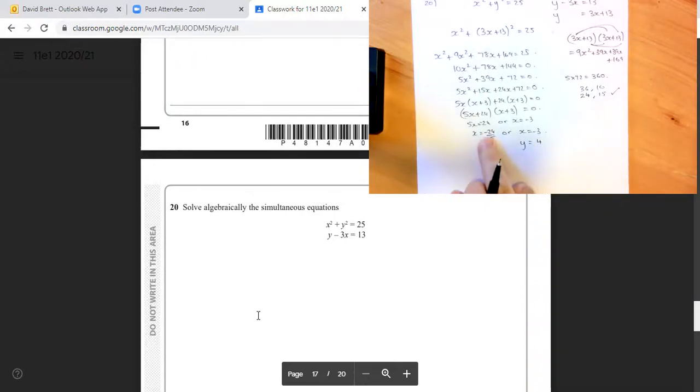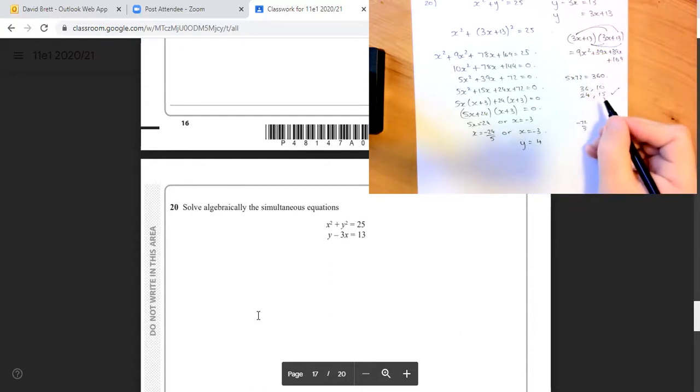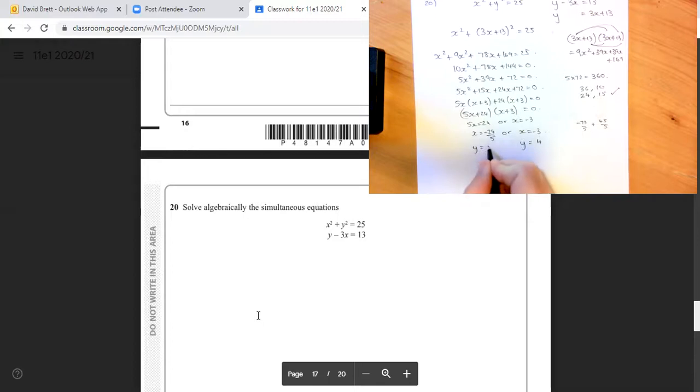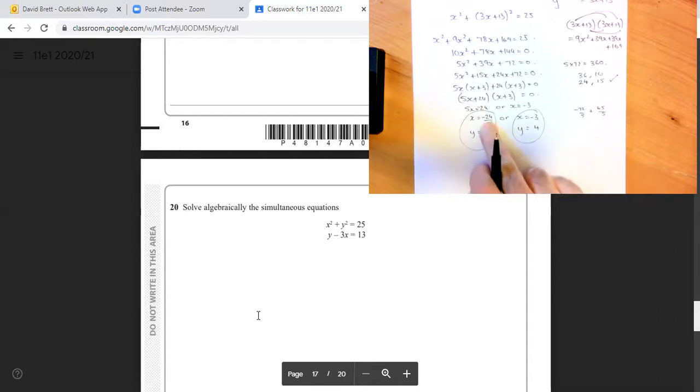When x is minus 24 over 5, that's minus 72 over 5, plus 13, which is 65 over 5. Minus 72 plus 65 is minus 7 over 5. So those are my pairs of solutions. Remember, once you've found your x values, you've got to then find your corresponding y values.